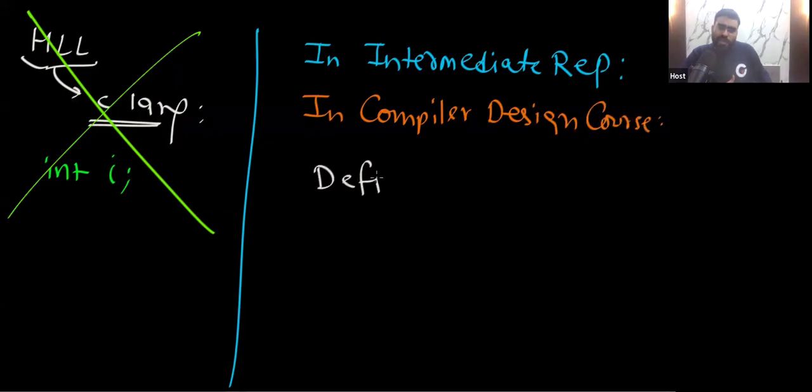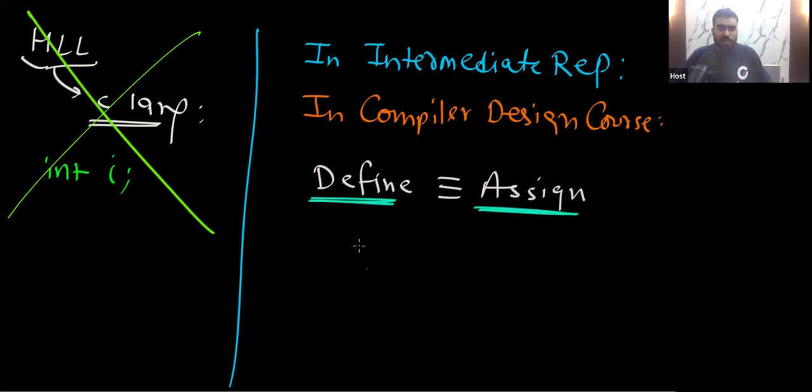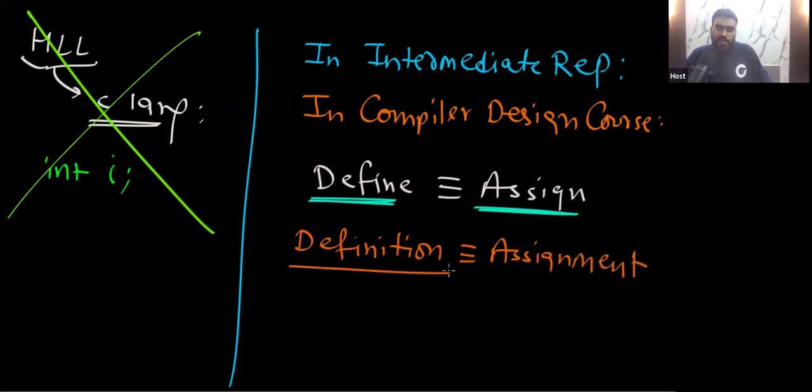You are defining a variable. This word is a synonym of assign. Is this point clear? I will use this word many times. Define, define, define. That simply means assign. Definition means assignment. I will say this is the definition of a variable, that simply means that is the assignment. Please tell me, these two words are synonyms of each other.